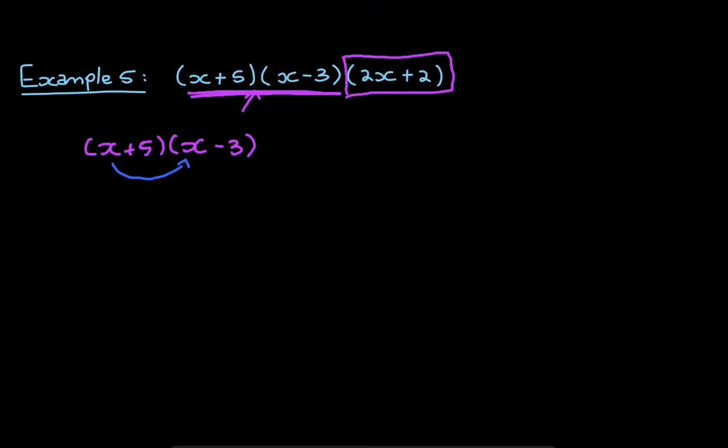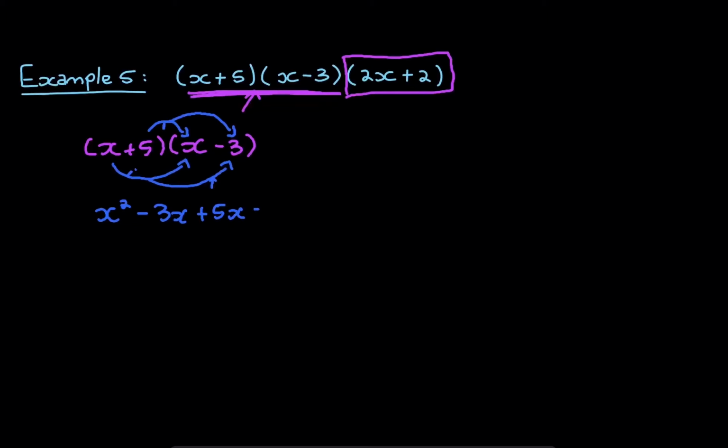X times x, x times negative 3, positive 5 times x, positive 5 times negative 3, and you get x squared, which is this one right here, minus 3x, which is this one right here, plus 5x, which is this one right here.